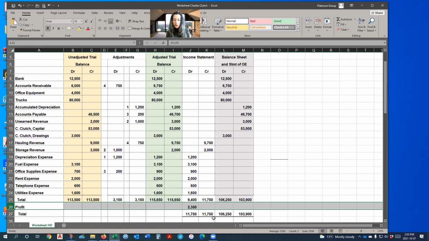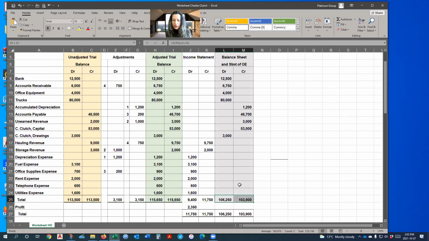Okay, so they're balanced. Our balance sheet columns, we've got a similar problem. We've got 106 in one column and 103 in the other column.